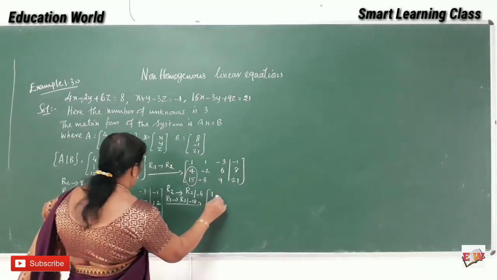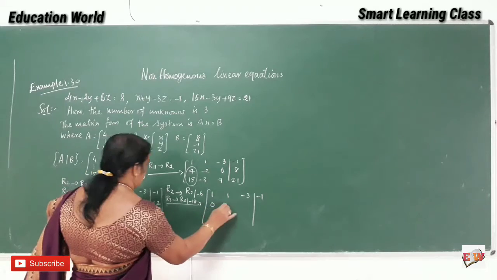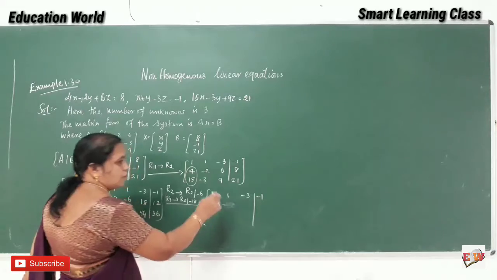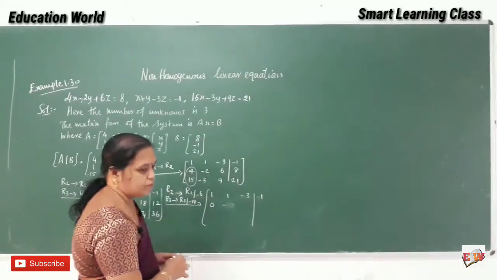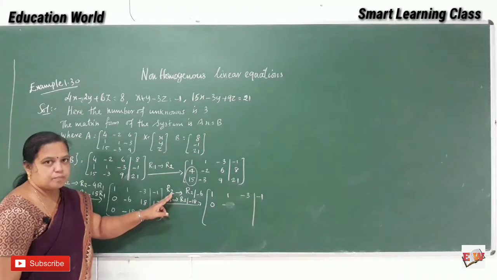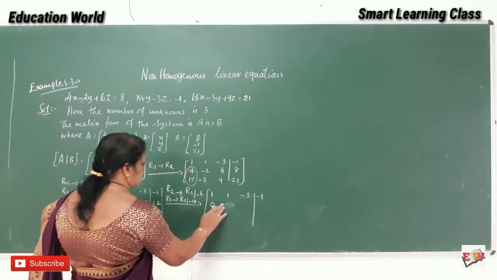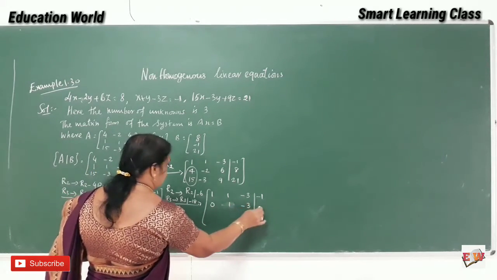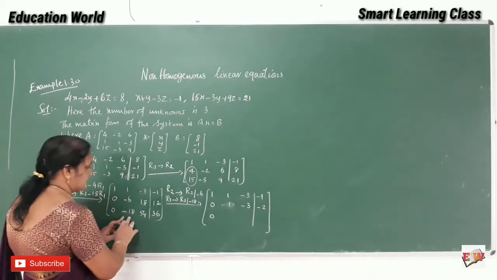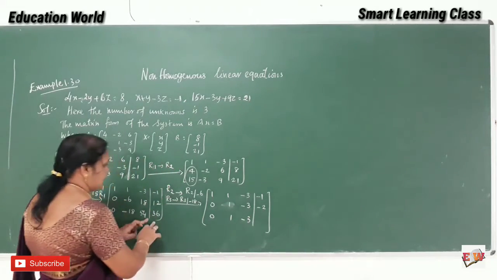We get 1, 1, minus 3, minus 1; 0, minus 6 divided by minus 6 is 1, here minus 3, here minus 2. And 0, minus 18 by minus 18 is 1, 54 by minus 18 is minus 3, here minus 2.